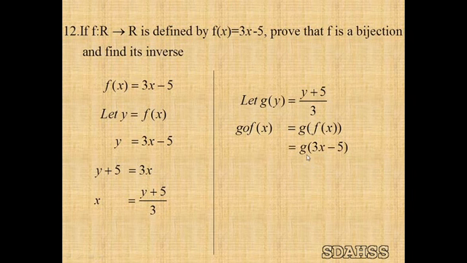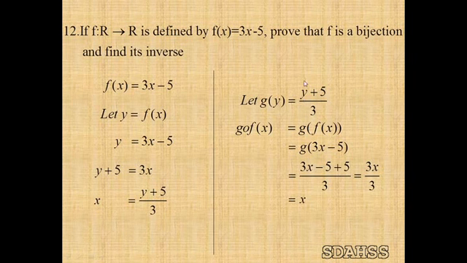Now in g of y, you have to replace y with 3x minus 5. So this can be written as (3x minus 5 plus 5) divided by 3.